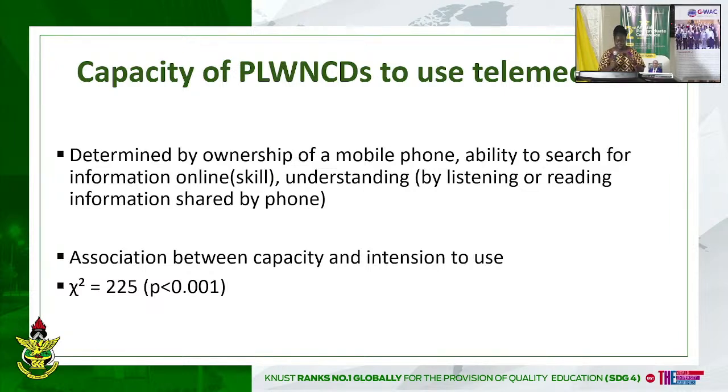So we considered telemedicine in the context of mHealth and video conferencing as well. There was a strong association between capacity and intentions to use when you considered them as binary variables. The chi-square was significant in that regard.